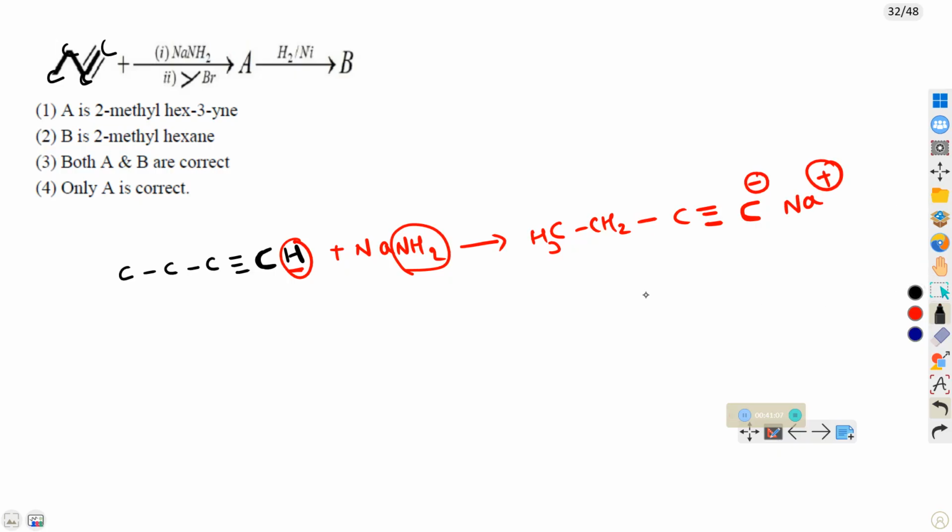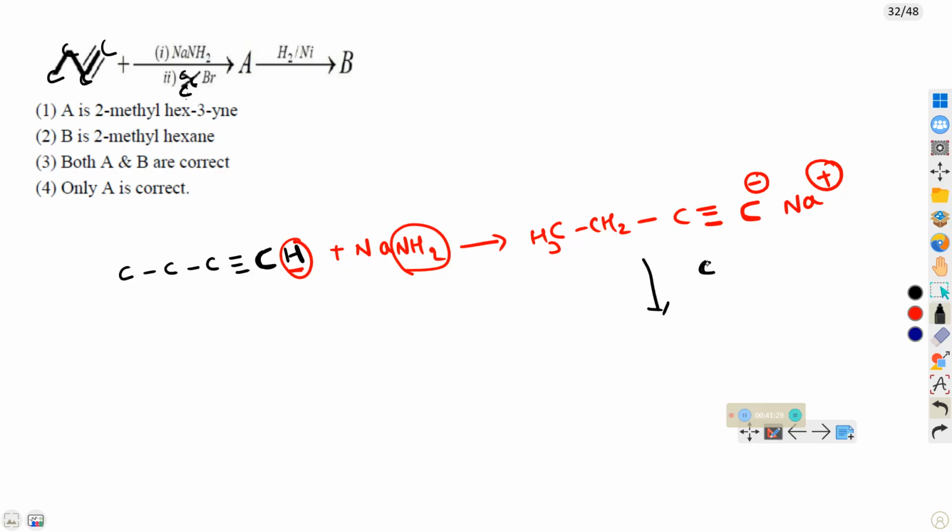Okay, now it reacts with isopropyl bromide. Meth, eth, prop, isopropyl bromide, CH3, CH, CH3 with Br.